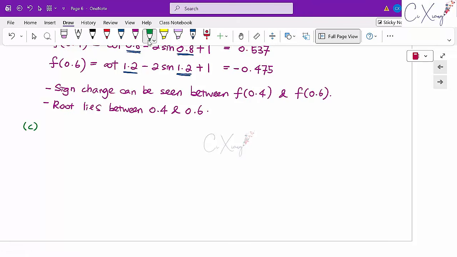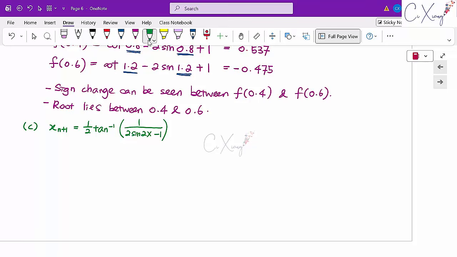The iterative formula that we have here is x n plus 1 equals 1 over 2, then tangent inverse of (1 over 2 sine 2x, minus 1).